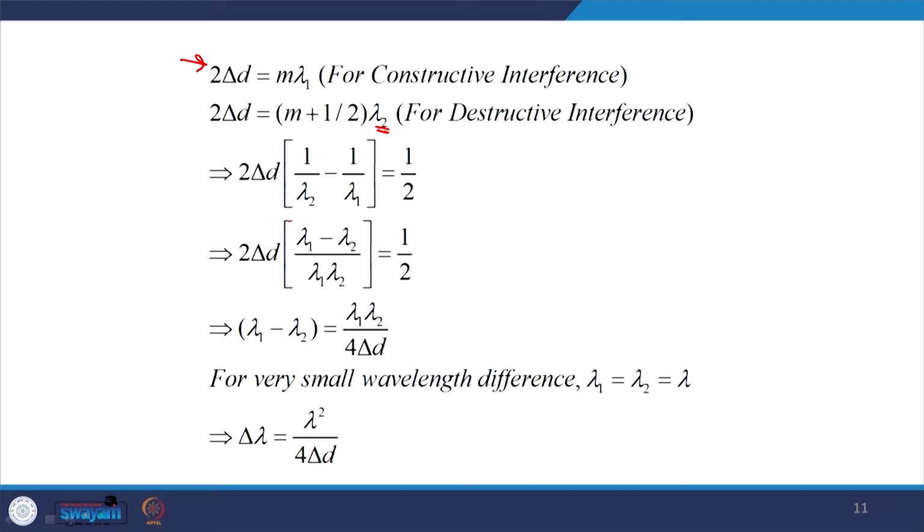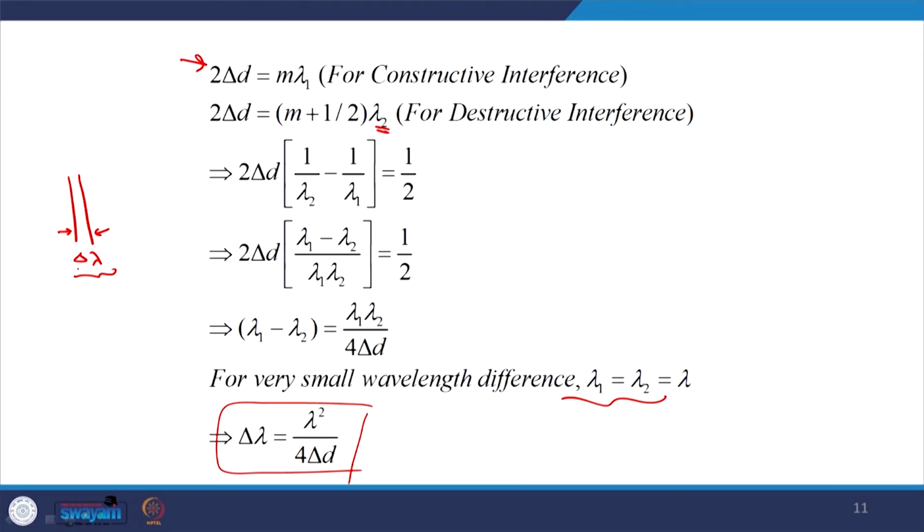If we solve for it, what you get is that delta lambda is equal to lambda square by 4 delta d. So, for very small wavelength differences, we get this relation. Suppose you have two spectral lines which are very close, say by delta lambda, you can use Michelson interferometer to detect the shift in delta lambda.